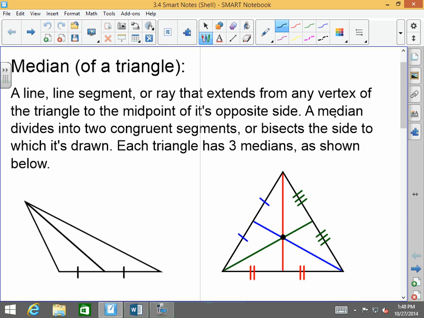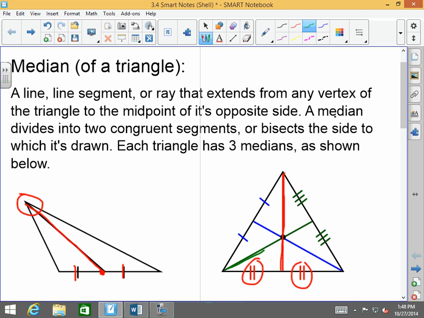The first triangle, I'm just showing you one median here, and it's going from this vertex, and it literally is the median because it bisects the opposite side of that angle. And then the figure to the right, you can see very clearly that our red median bisects its opposite side.